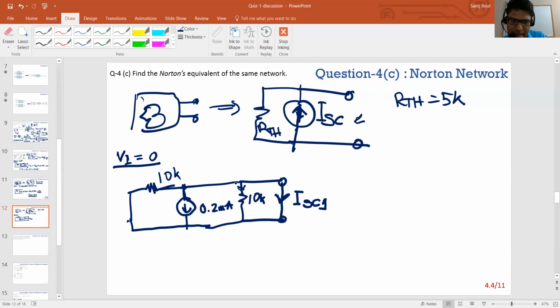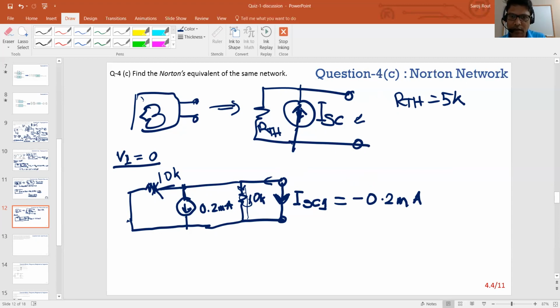If you look at the KCL, this 10K is in parallel with this, but then I have a 0 ohm in parallel to this. So if you have 0 ohm, nothing flows in this resistor, nothing flows in this resistor, and all this current goes through the short. Since I've chosen this direction, but this current is in the opposite direction, this is equal to minus 0.2 milliamps. If you chose the other direction, this would be positive, but stick to one. Just arbitrarily choose one. It doesn't matter which direction, right?